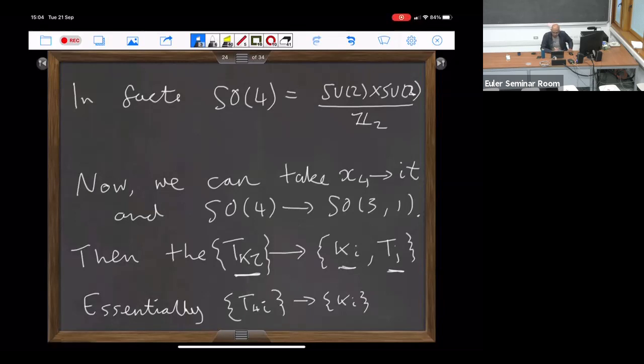Since we're picking the 4th direction as the one that becomes time, essentially these 3 get mapped into a linear combination of these 3.